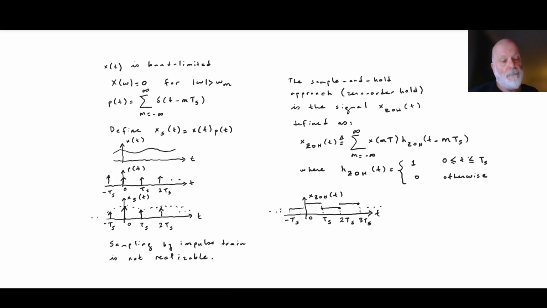Now you see that this signal can be obtained by using electronic hardware, some kind of circuitry. So x ZOH of t is physically realizable.